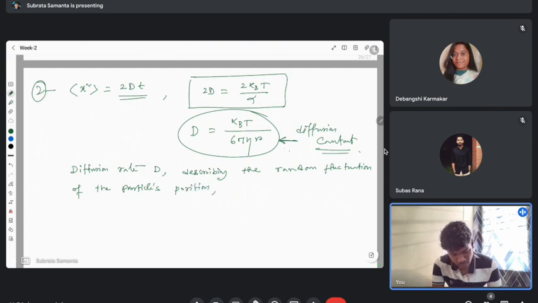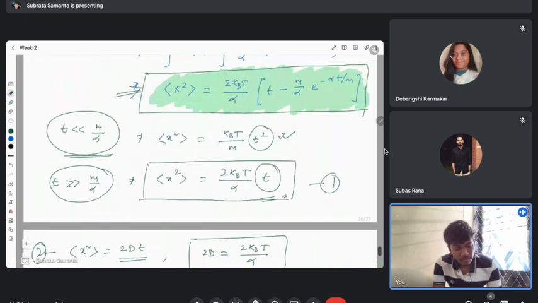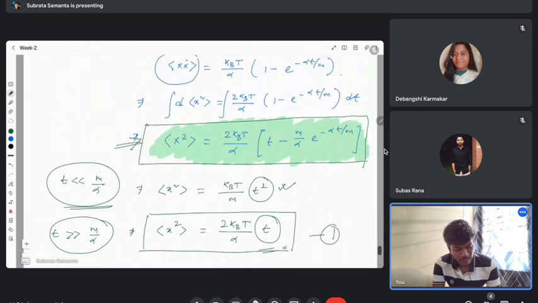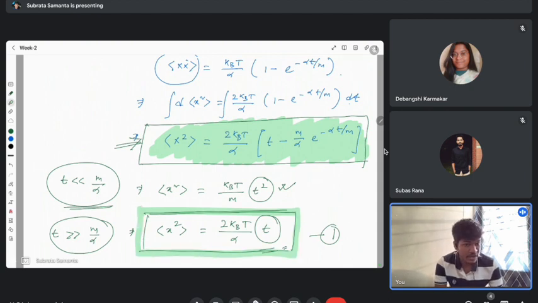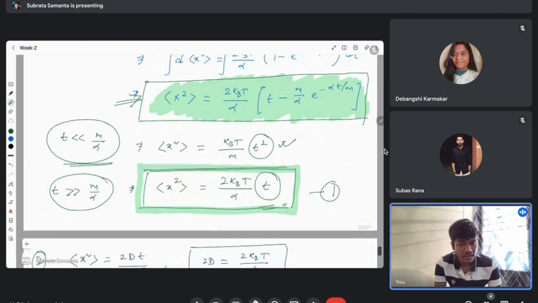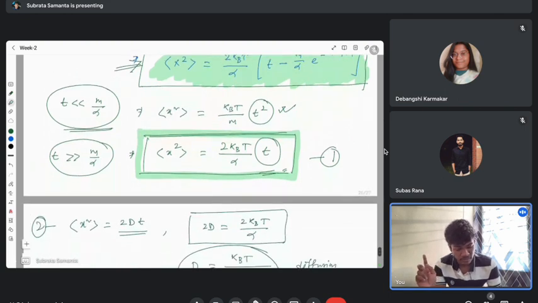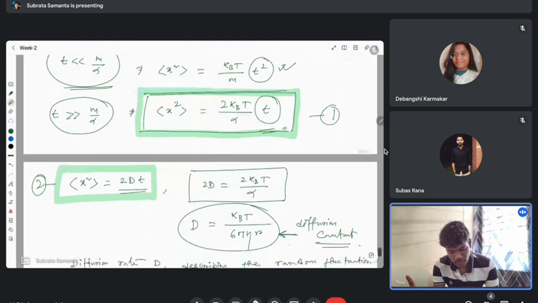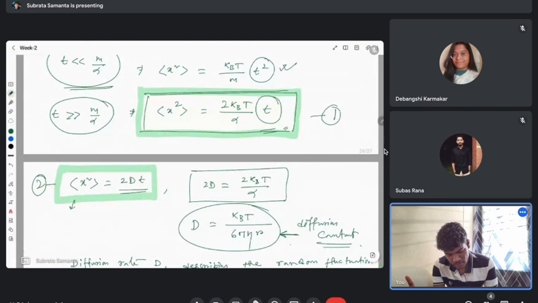Because we calculated with random fluctuations and ended up with these equations. If it is a random force, we end up with these equations, and then we compare with the diffusion equation. We know this value comes from the diffusion equation.